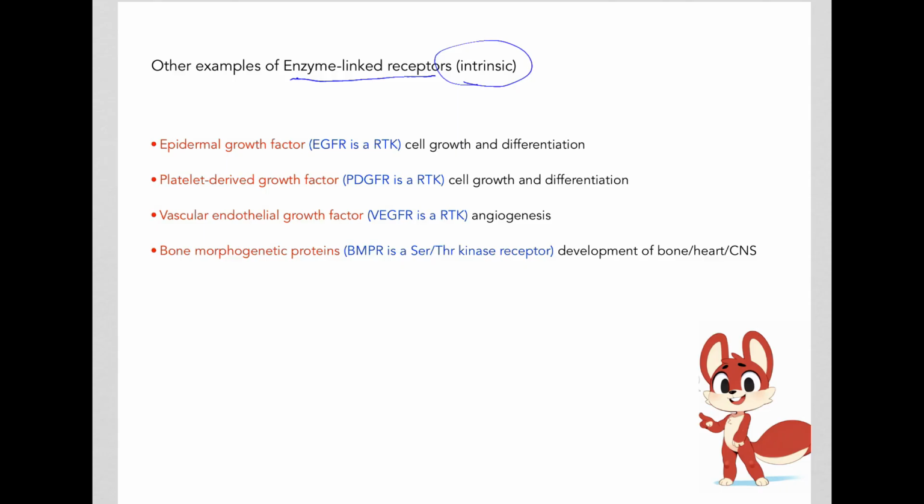For example, the EGFR for the signal epidermal growth factor, PDGFR, which is for platelet-derived growth factor, VEGFR for vascular endothelial growth factor, BMPR for bone morphogenetic proteins. We will talk about these at appropriate times in future videos when we talk about cell division or bone formation and so on.